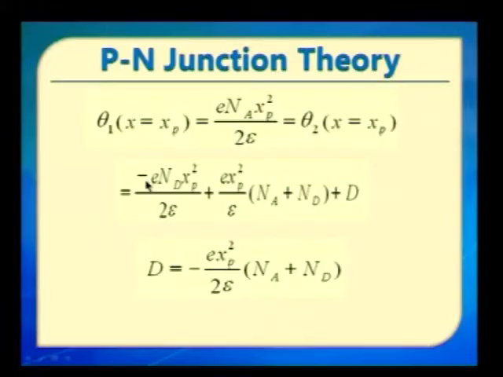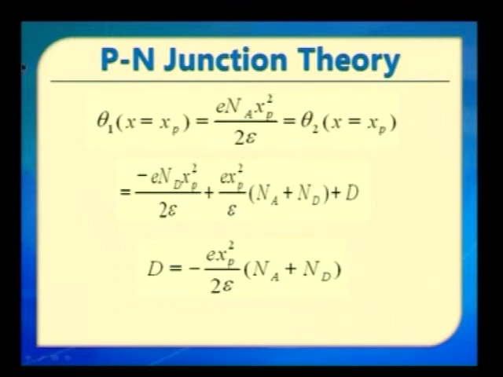The theta 1 that I had earlier at x equal to xp will become E into Na into xp square by 2 epsilon, and that will be equal to theta 2 at x equal to xp. So, you will have an expression of this kind: minus E times Nd into xp square by 2 epsilon plus E into xp square by epsilon into Na plus Nd plus d.